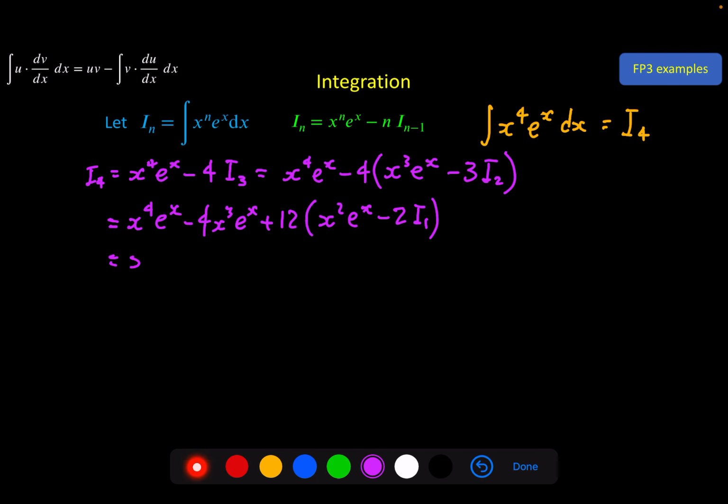So let's expand that out. x to the 4 e to the x minus 4x cubed e to the x plus 12x squared e to the x minus 24 I1, but I1 is x e to the x minus 1 times I0.